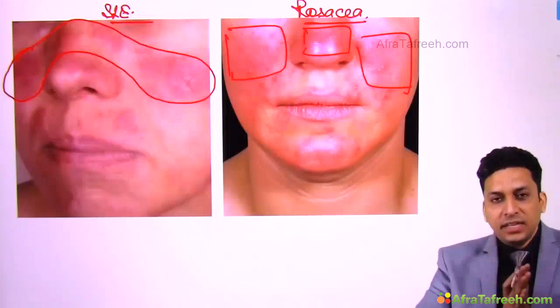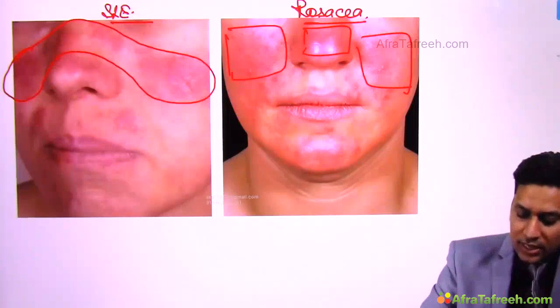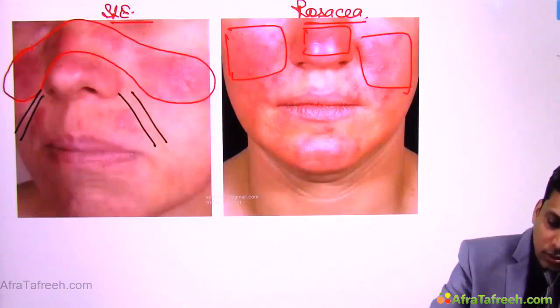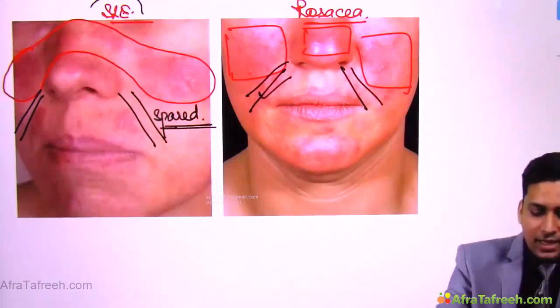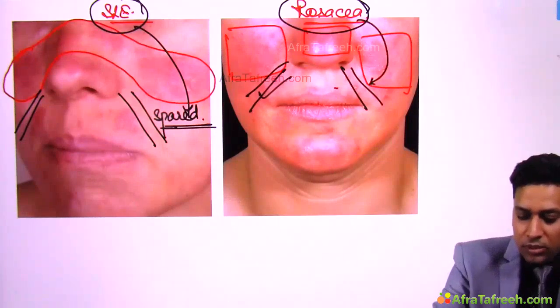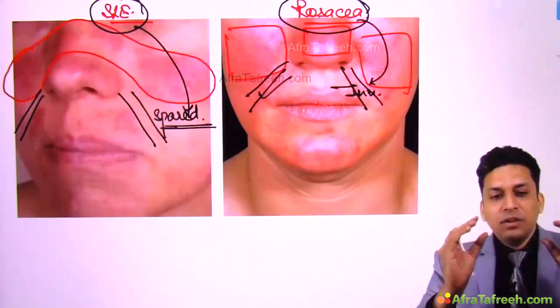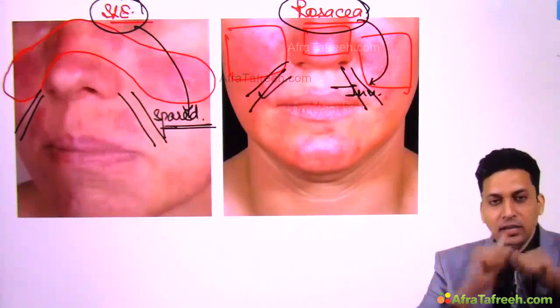So how to differentiate them? The first and the most important point, which was also asked in NEET last to last year, is the nasolabial folds. This is the most important point. So in SLE, nasolabial folds are spared. In rosacea, nasolabial folds are involved. Okay, so examine the nasolabial fold. Nasolabial folds are spared in SLE, they are involved in rosacea.